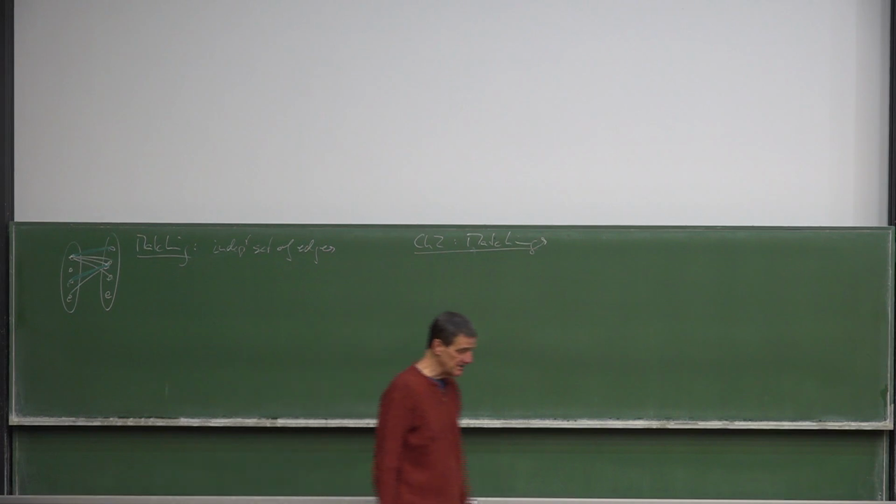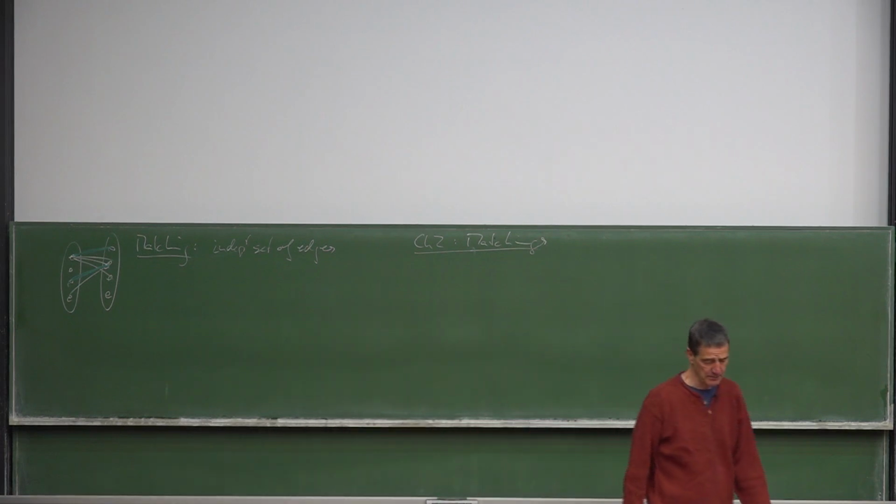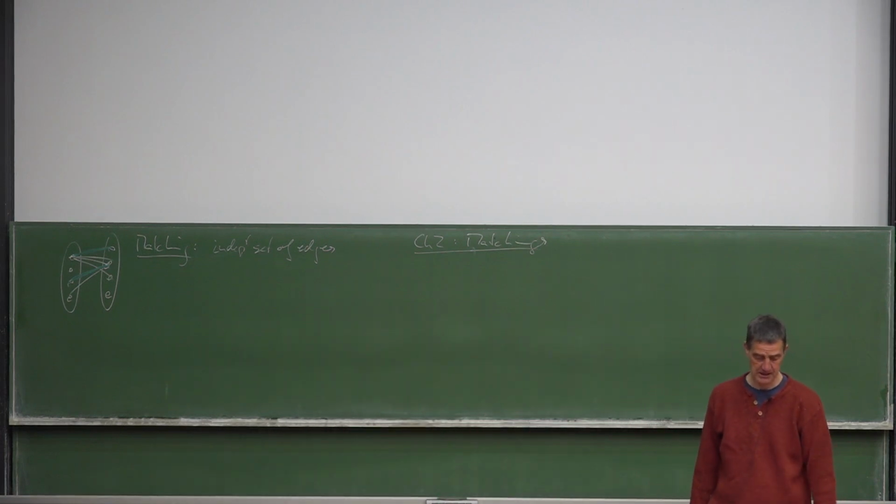You still want to find a set of as many pairs as possible, and independent just means pairwise non-adjacent for edges, right? For vertices as well. Okay, so independent obviously has many meanings in mathematics. In graph theory, it means pairwise non-adjacent. Okay, so a matching is any independent set of edges in a given graph, bipartite or not.